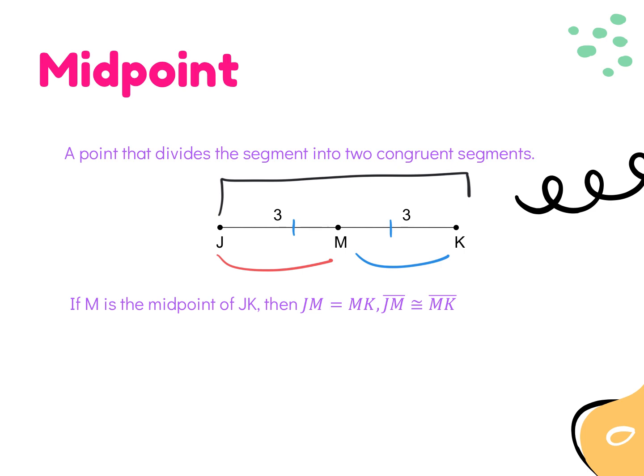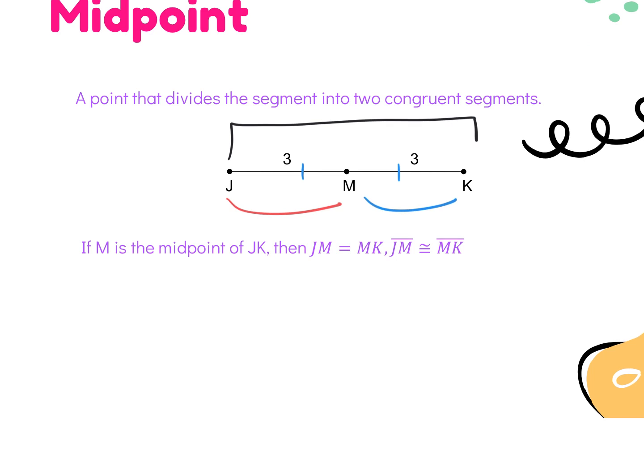Now, again, like I said last week, if I draw a segment here, and let's say I call this A, B, C, just by looking at this with no measurements or no markings, I cannot assume that B is right in the middle and it's the midpoint.